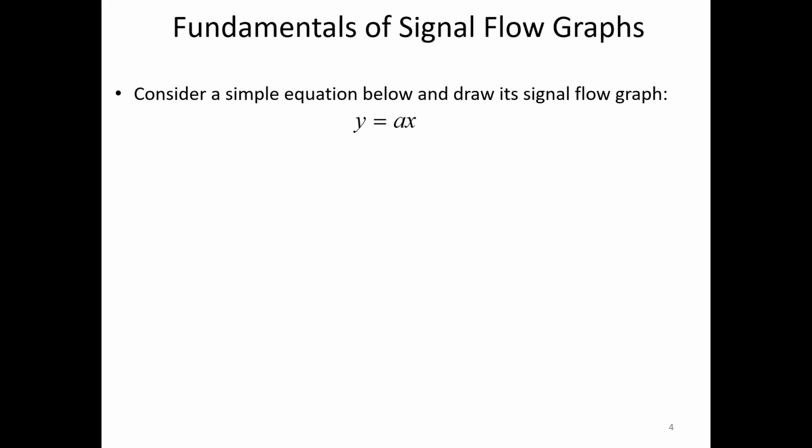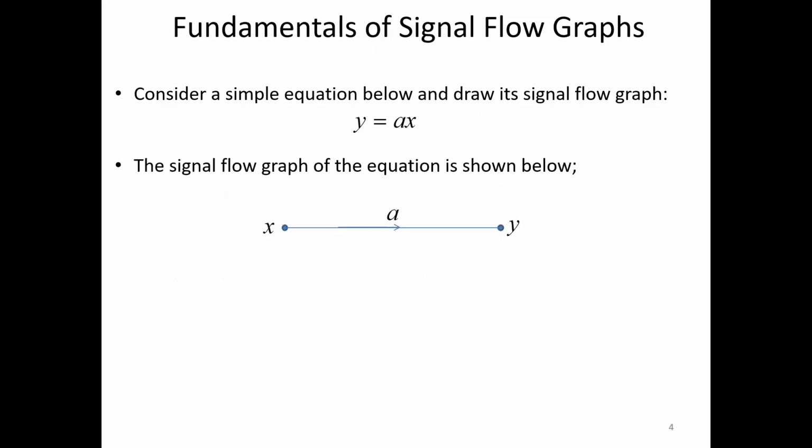We can write a simple signal flow graph for a given equation. So y is equal to ax. We have taken a very simple equation, and how to represent this equation in a signal flow graph. So we have taken two nodes here. One is input node and another one is the output node, because output is y and input is x.